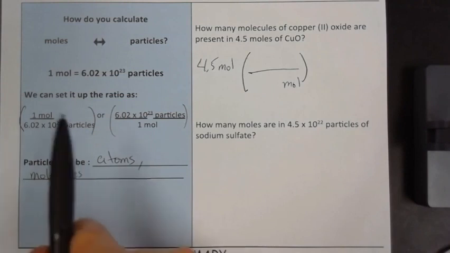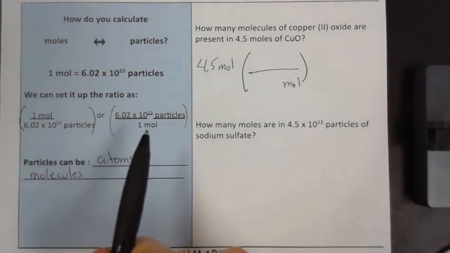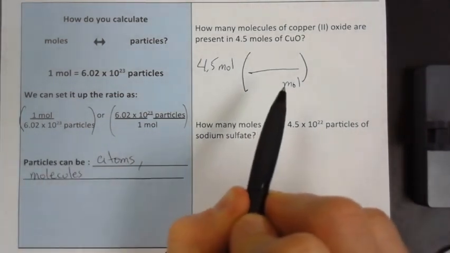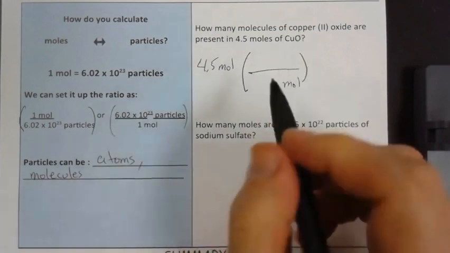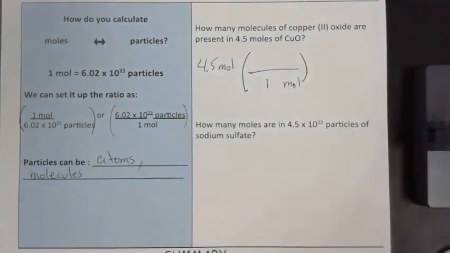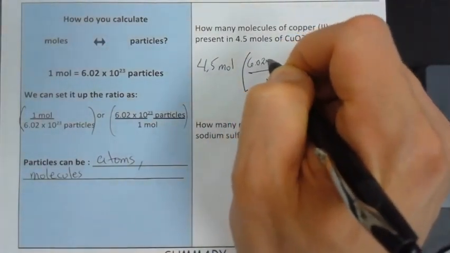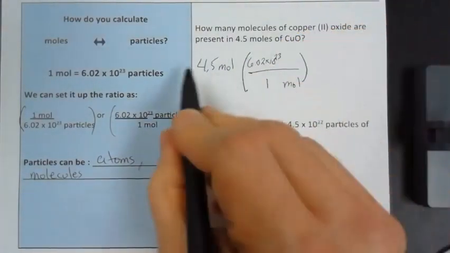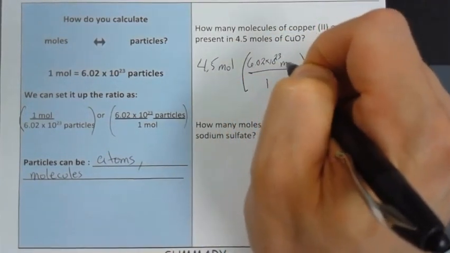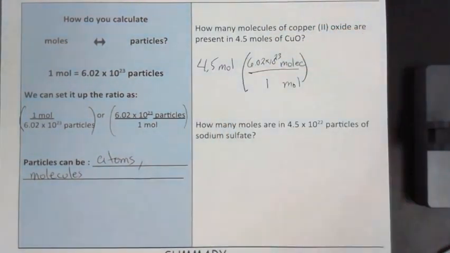So then which fraction would we use? Well, moles is in the bottom here. We want moles in the bottom in our work. So we're going to use these values. So we're going to say 1 mole in the denominator is equal to 6.02 times 10 to the 23rd. And that's where we're going to write the abbreviation for molecule, which is just MOLEC.